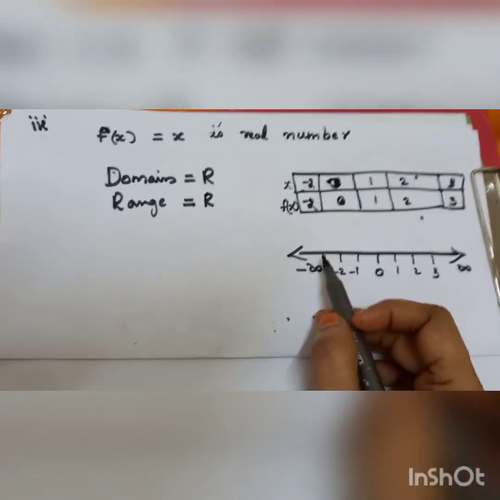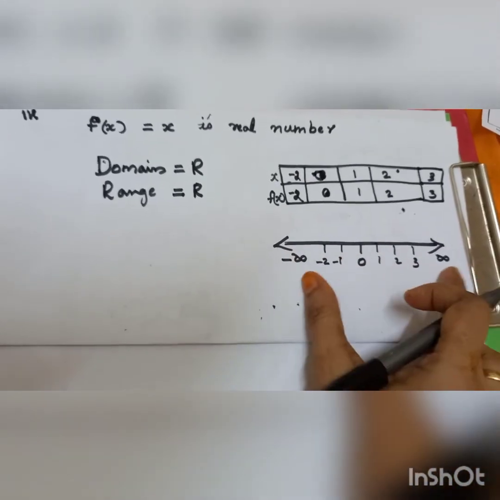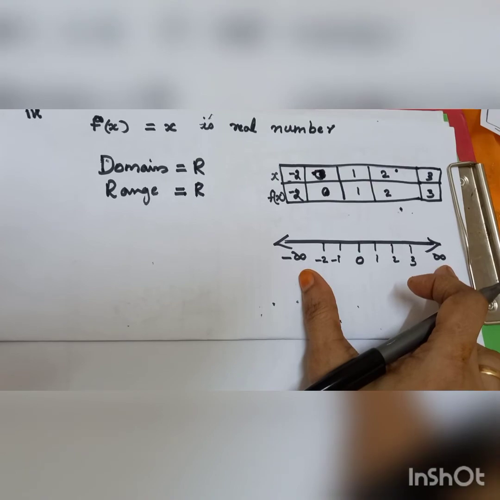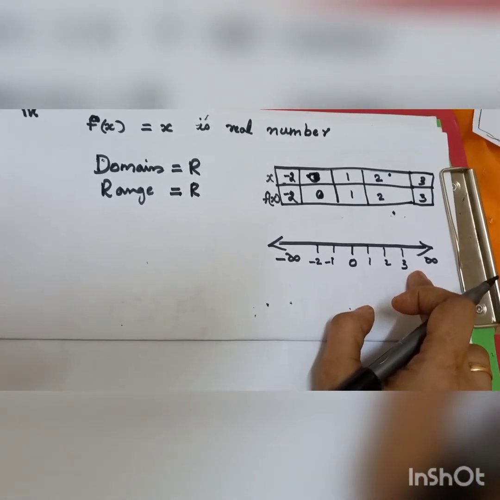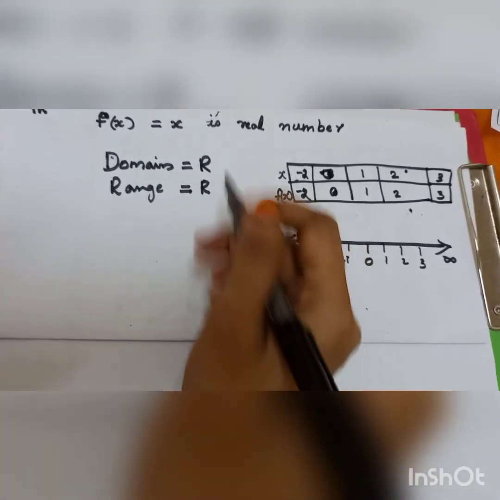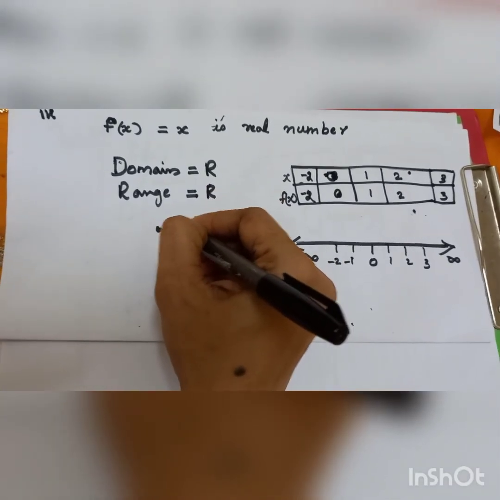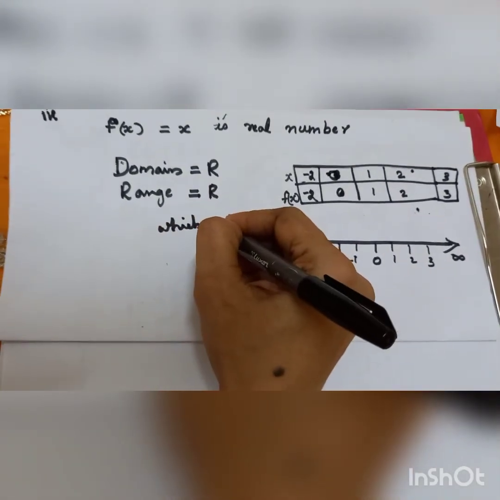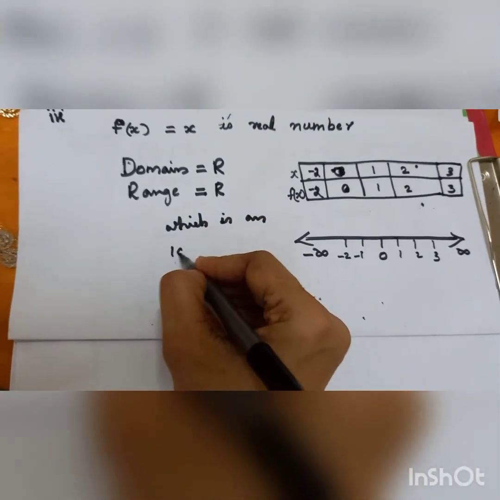So we can take all the real numbers on the number line. Range is all the real numbers, and domain is also all the real numbers. So this is an identity function.